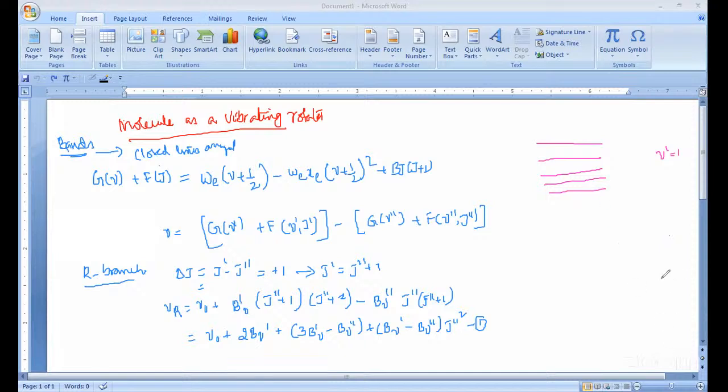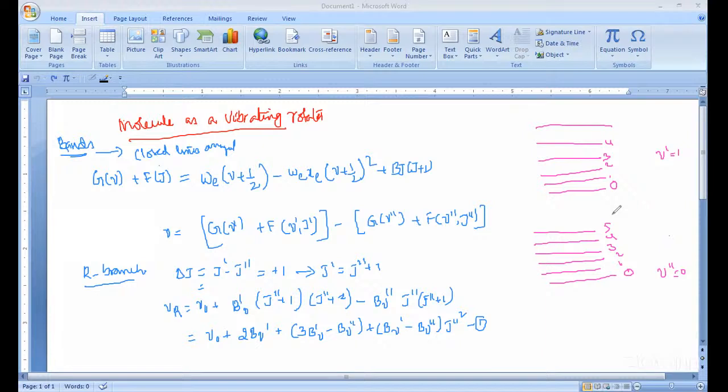Similarly, take nu double dash equals 0, which also has levels 0, 1, 2, 3, 4, 5. That means you can see what we call one single vibrational level, but actually you have this many different rotational lines.